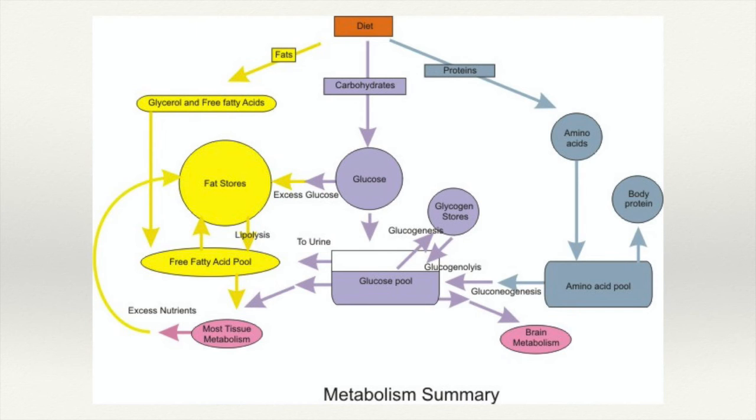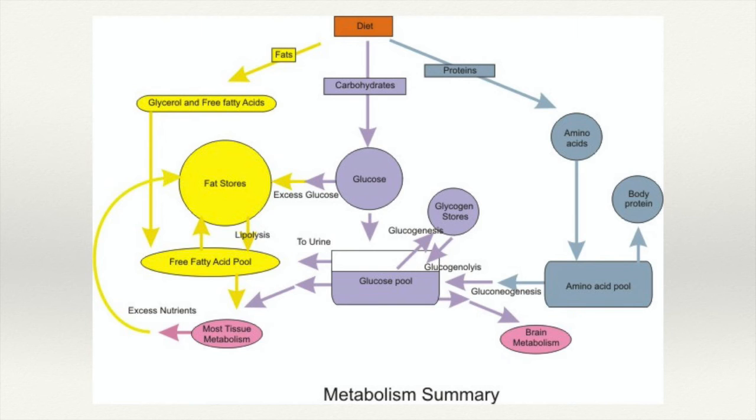This is a slide of the metabolic summary. We see that fats are on the left in yellow, and they're stored in the fatty tissue. The glucose can go down and be stored as fat by being metabolized to triglycerides and stored in the fat by going through the lipoproteins and then transported into the liver.